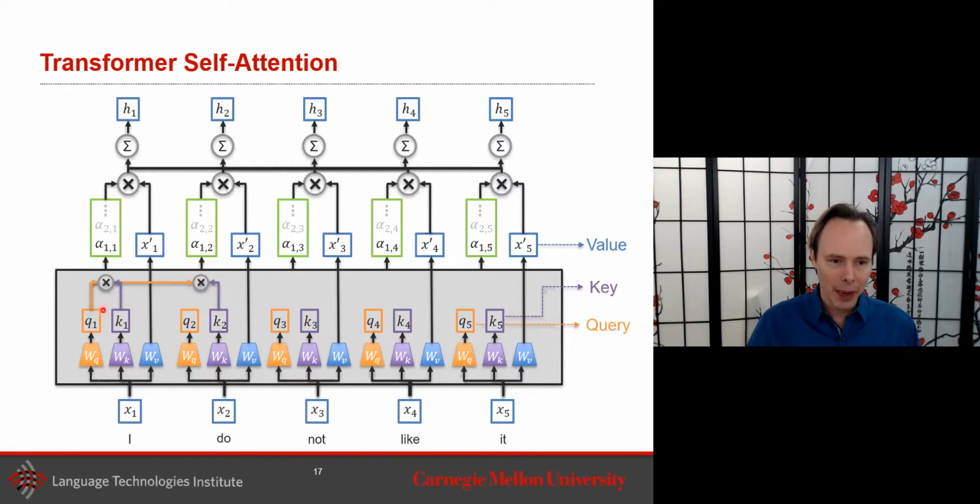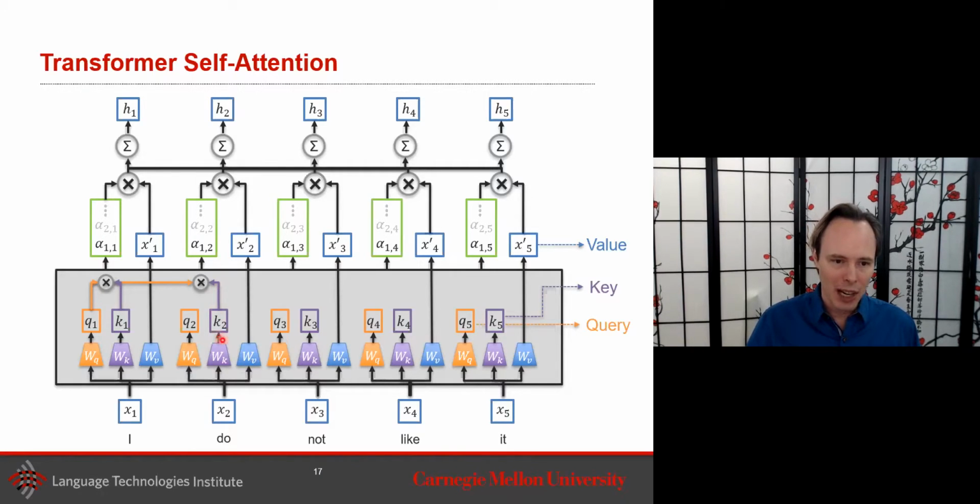So I have a query. I take my word, I embed it in such a way that it becomes a query. In the simple case, you could say it's just the identity matrix if it's too confusing for you. But in practice, I'm going to project it in the space in such a way that I can nicely compare with the other words.